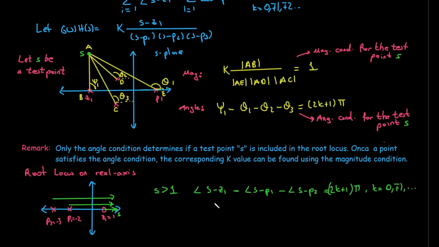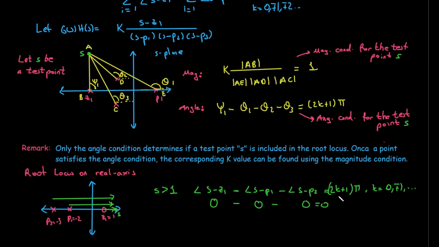So what is the angle of this first vector when S is to the right of this Z1? What is the angle of S minus Z1? Exactly, this is 0. And what is the angle of S minus P1? That is the same, again 0. And the angle of S minus P3 is again 0. So 0 minus 0 minus 0 is equal to 0.